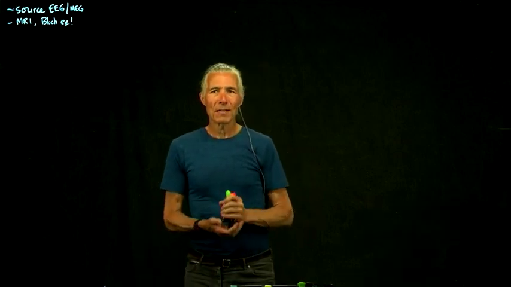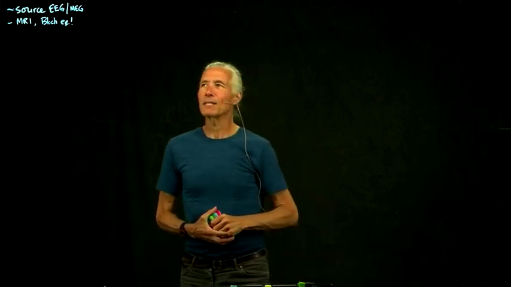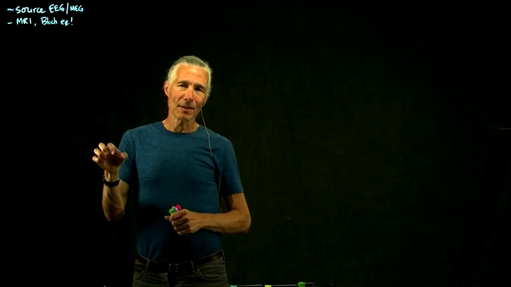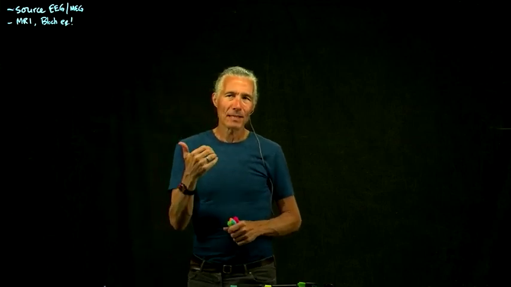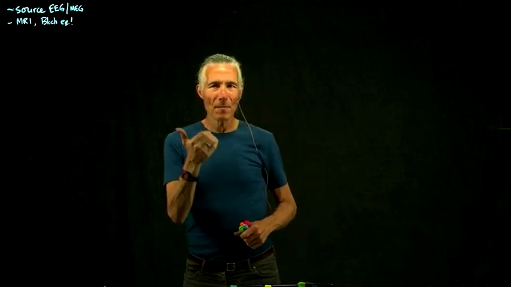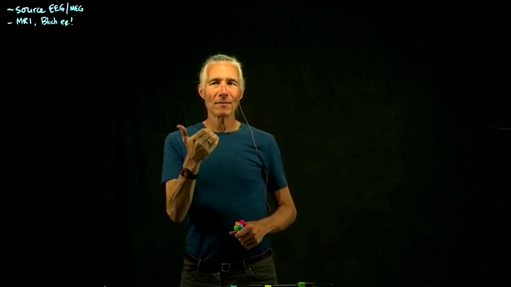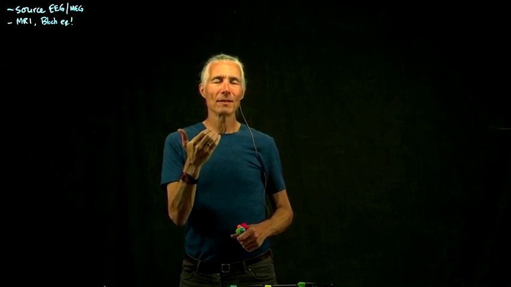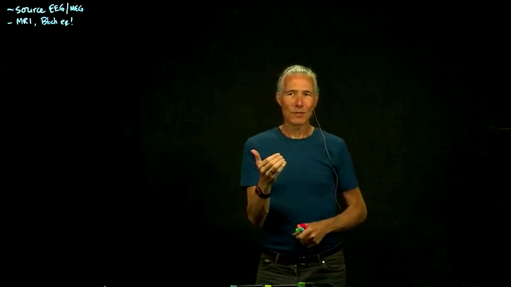How does that work? What's the relationship between current and a magnetic field? The relationship is the right-hand rule. If your thumb is the direction of the current, then your fingertips tell you the direction of the magnetic field, and they'll be at right angles to each other.